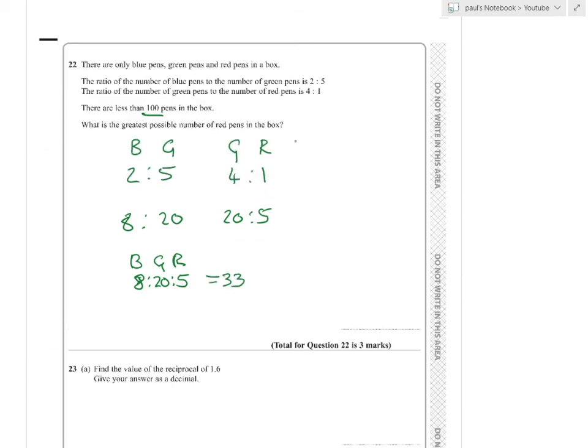Now, we can have three times that, because 33 times 3 is 99, less than 100. So I'll times this lot by 3, which gives 24 blue, 60 green, and 15 red. So the most number of red pens you can get is 15.